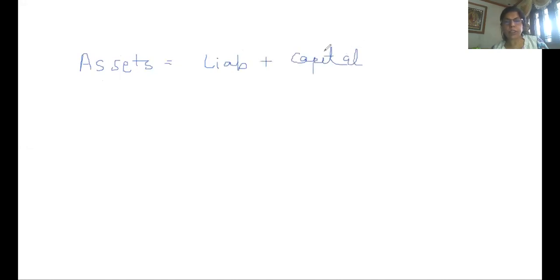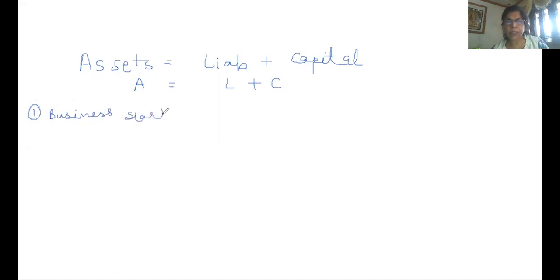In simple terms, A is equals to L plus C. So every transaction will have effect on assets and maybe on liabilities and capital. So today, one by one, every transaction, I am going to explain you how to enter these transactions in the accounting equation.